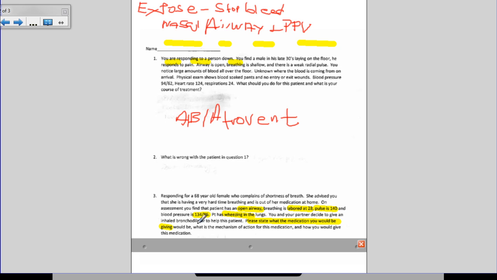We gave the answer. All right, so what is the mechanism of action for this medication? So we are going to say that the mechanism of action here is that it's a bronchodilator.